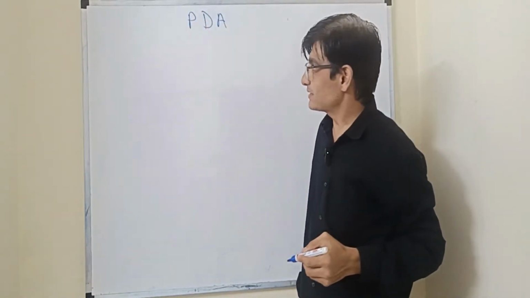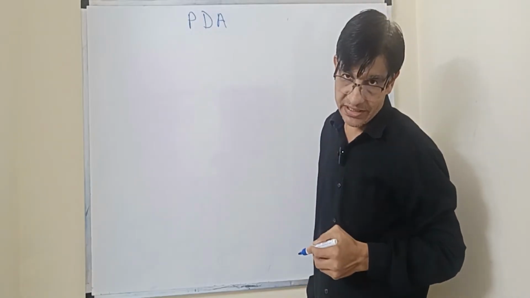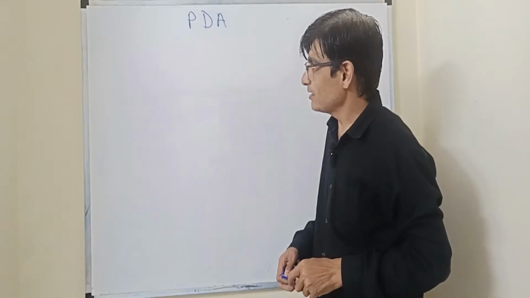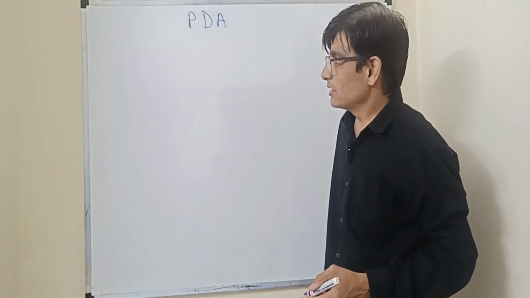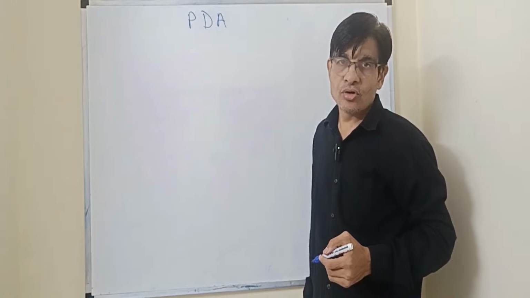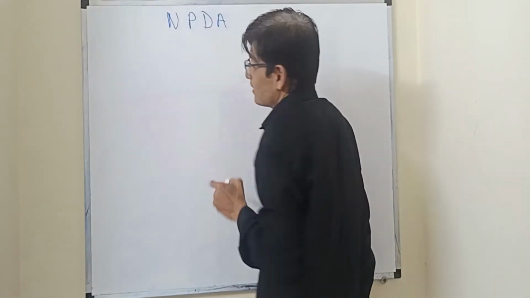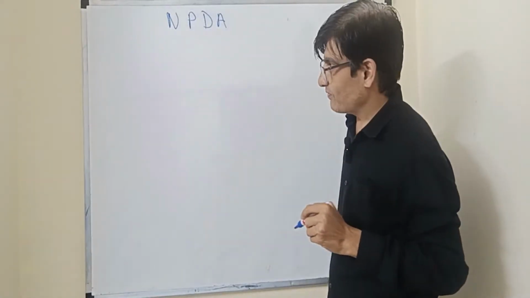So today I will start with non-deterministic PDA, and some examples of non-deterministic PDA we have also taken. Now I will define NPDA, or you can say non-deterministic PDA, in a mathematical definition.